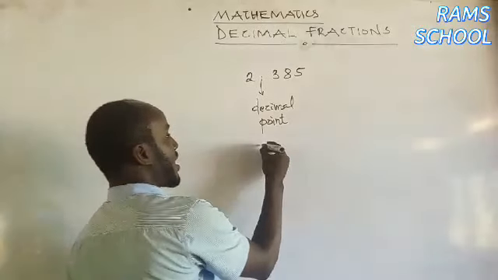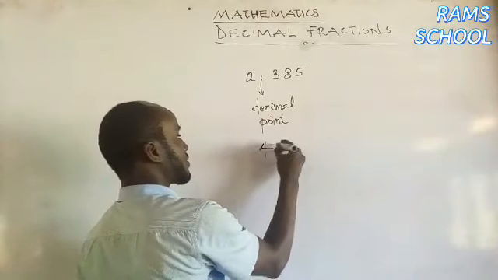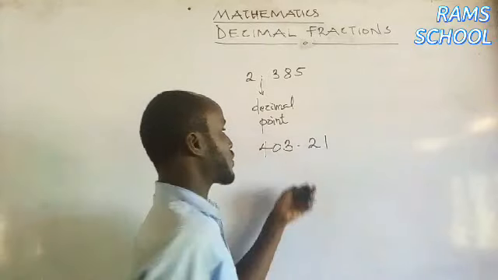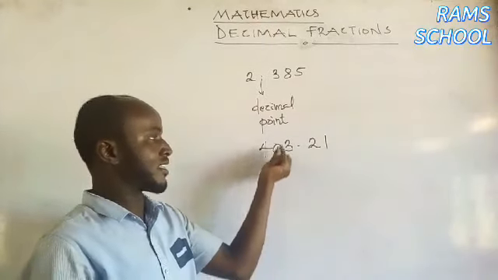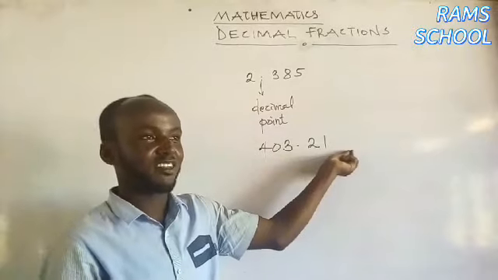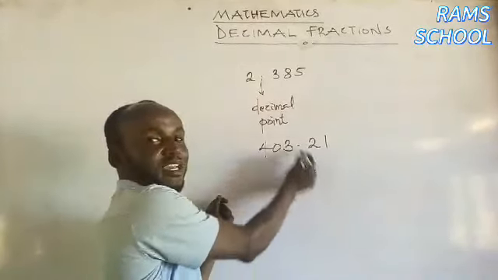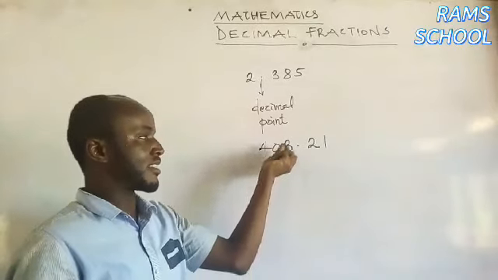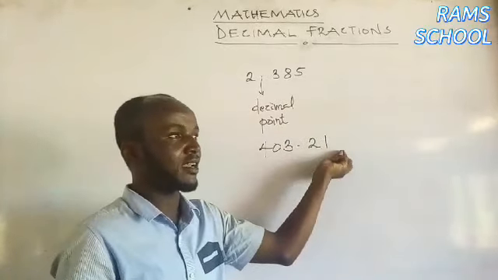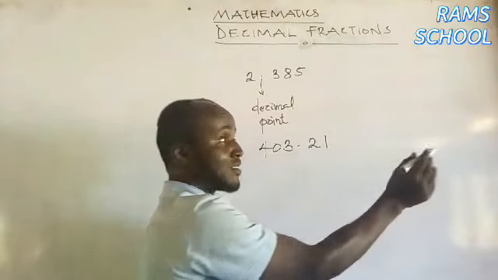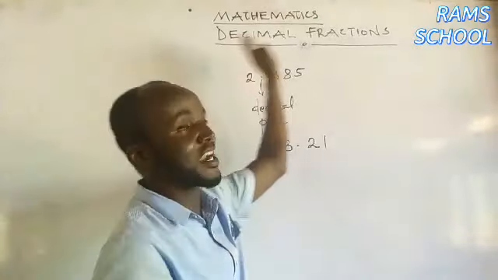Another example, I can give you 403.21. Don't say the whole number part separately; you can mention it together. 403.21. So the 2 and the 1, they are also decimals. Another name for decimal fractions is decimals.